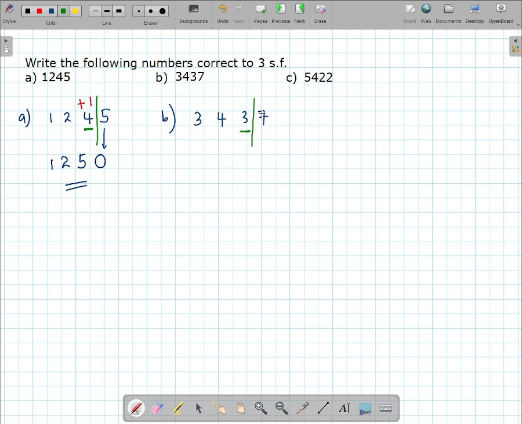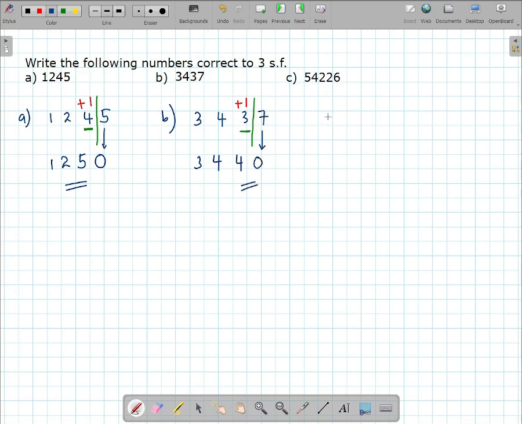If it is more than 5, we have to add 1 to the underlined digit. So that is 343, add 1, 344. Then we check how many digits are after the separation. It is only one digit, that is 7, which we write as 0.